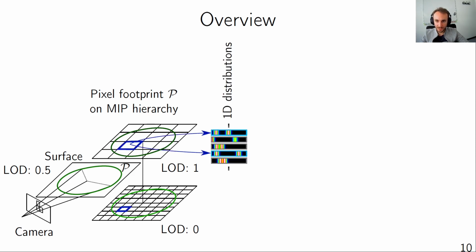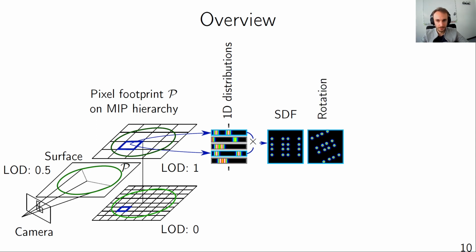We procedurally construct a SDF for each cell by randomly selecting two 1D distributions contained in a dictionary. The tensor product of these two 1D distributions gives a 2D distribution with several lobes. To avoid lobe alignments, we apply a random rotation. To control the roughness of the material, we apply a scale.